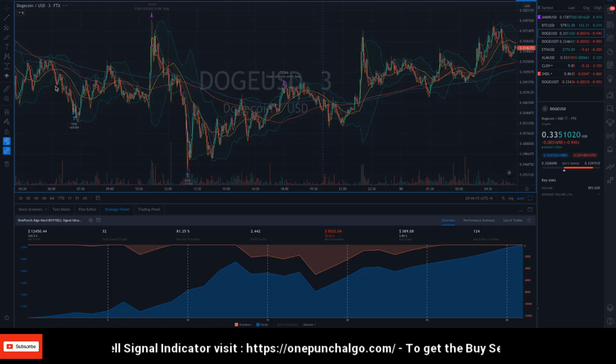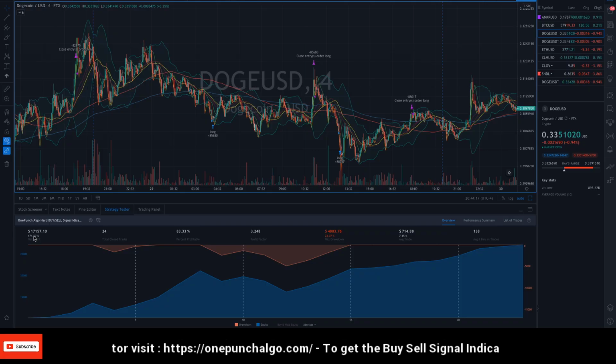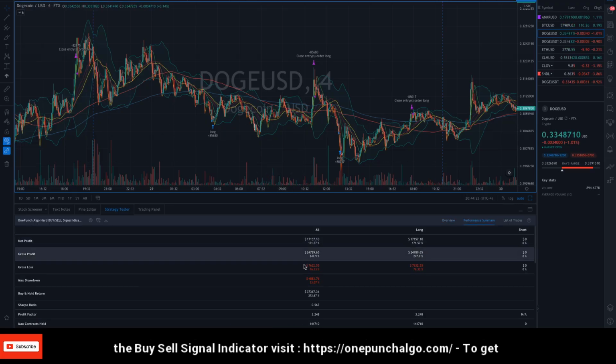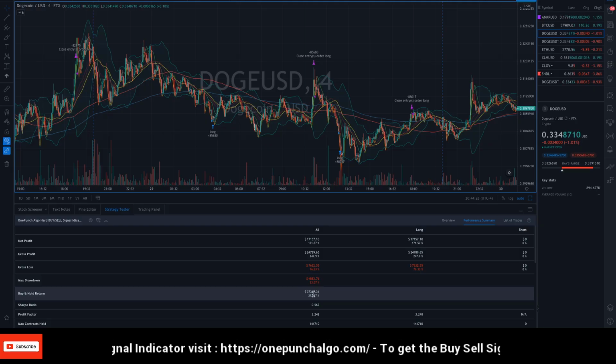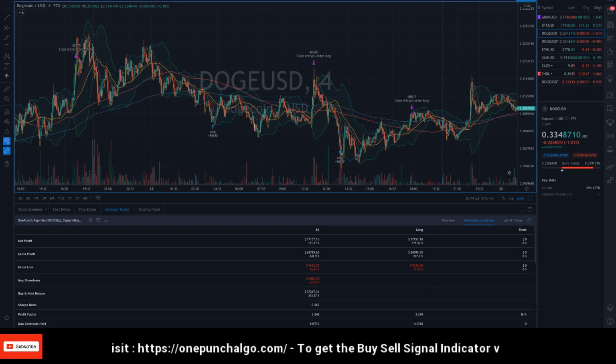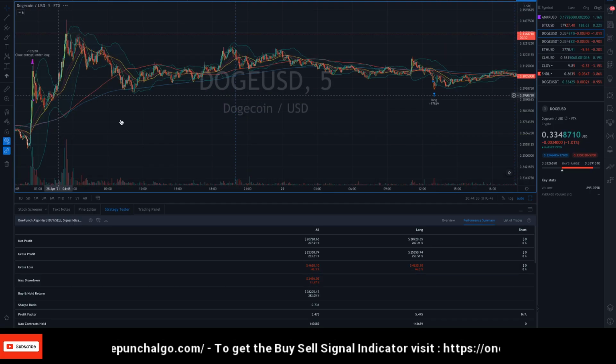So let's go to 4. 4 is better than other stuff still, but it could not pass this number or come close to that number. So let's check the other one.